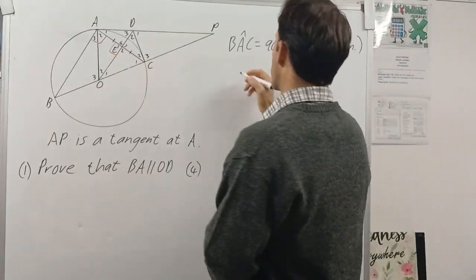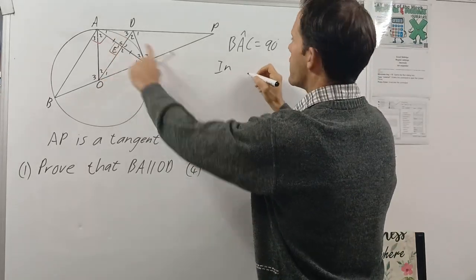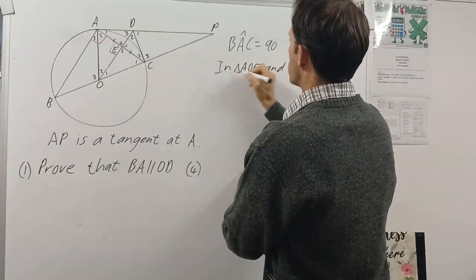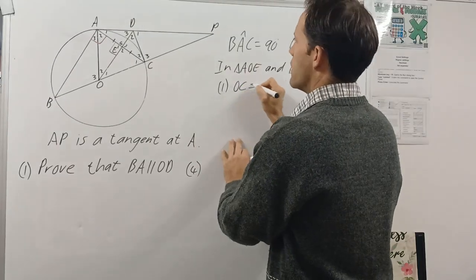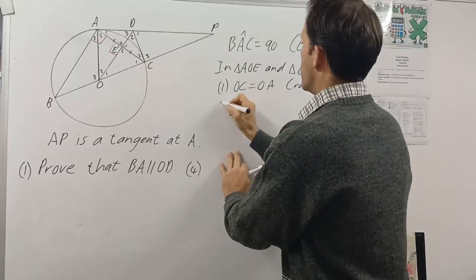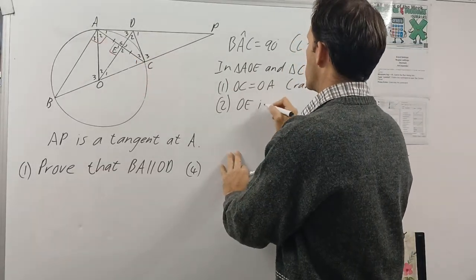So if we look at the two triangles, triangle AOE and triangle COE, first of all, we can say that OC is equal to OA, radii. And secondly, OE is a common line.